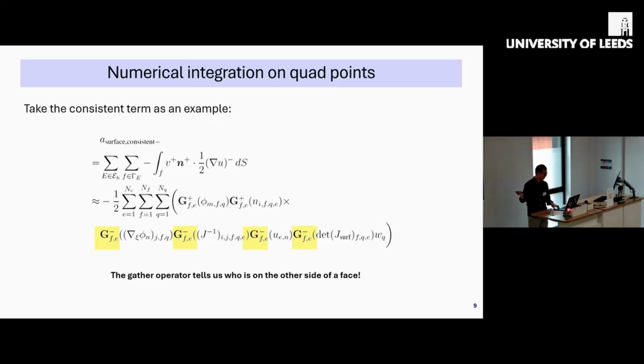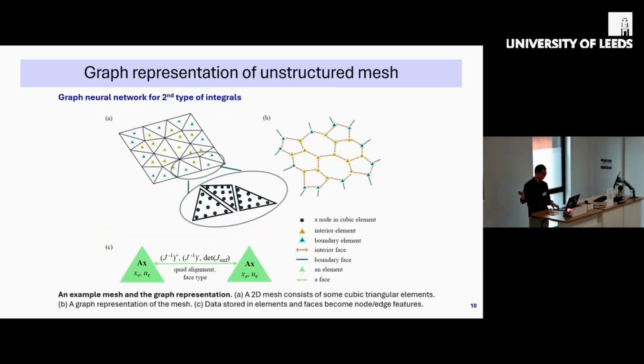And that's where the graph neural network, the graph, plays its role here. So I'm showing a 2D mesh here. It has been discretized into elements. And in a traditional method, you will have a connectivity matrix that tells you which element is linked to which neighbor elements.